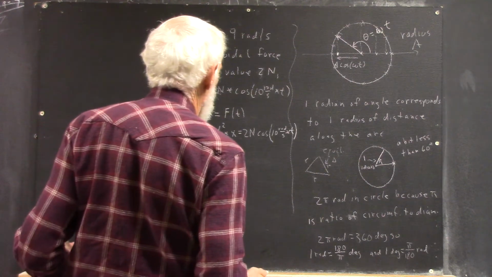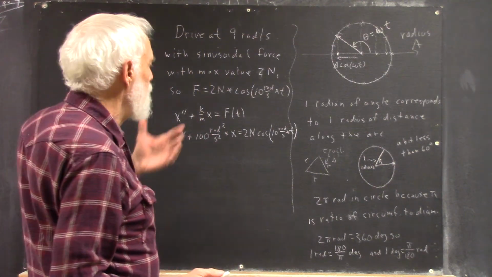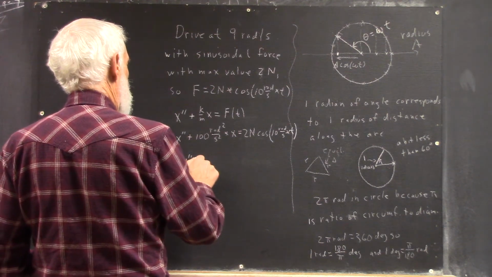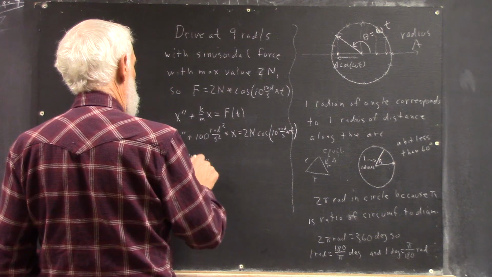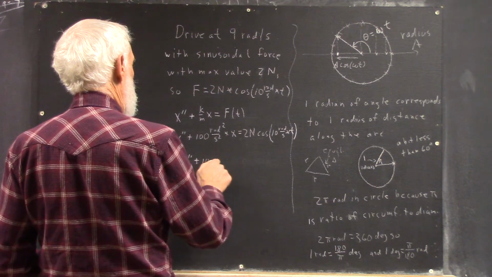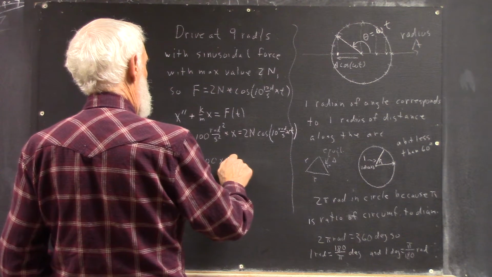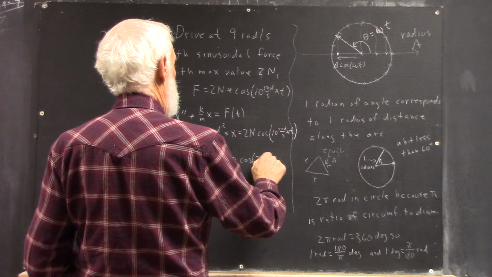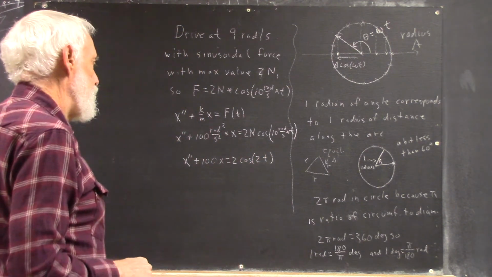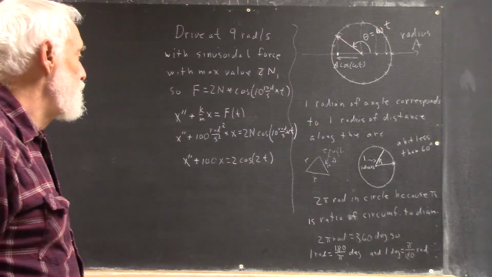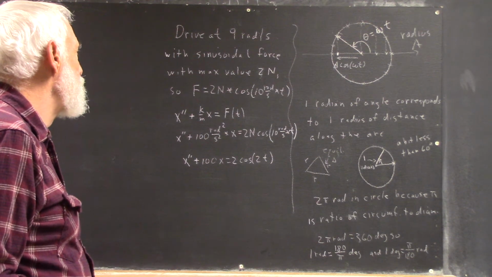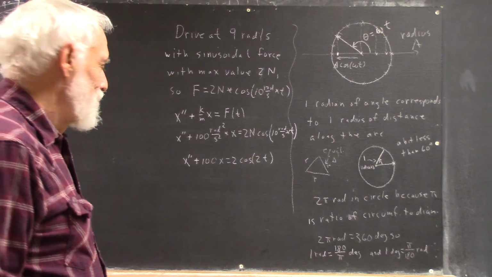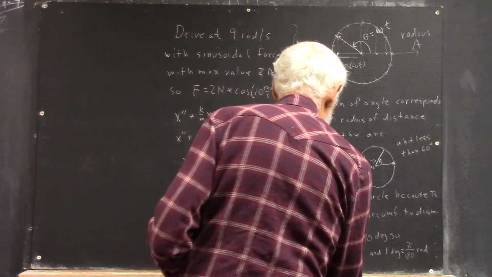To avoid the confusion of the units, which I don't think is necessarily a good idea, but for the time being, I'm going to suppress the units and say, okay, we got x double prime plus 100x equals 2 cosine of 2t. I said we're driving it at 9 radians per second, didn't I? Well, it's a good thing I looked at that for another reason.